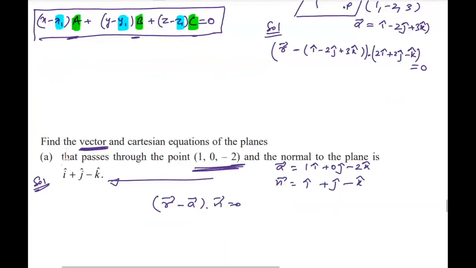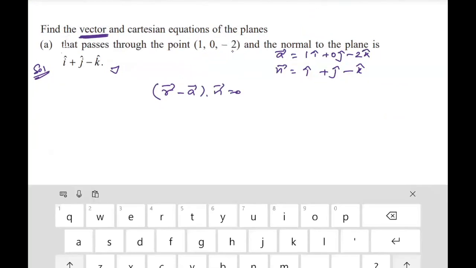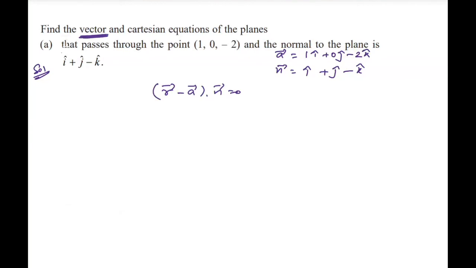So we will just use this formula. Just put the values of vector a and n vector. r will be r only. a vector is 1i plus 0j minus 2k cap, dot n vector, which is i plus j minus k, is equal to 0.